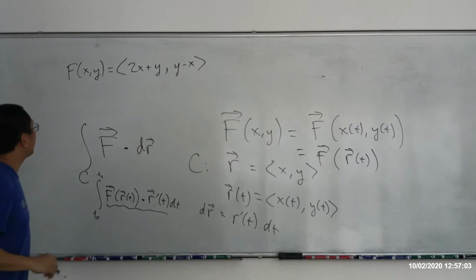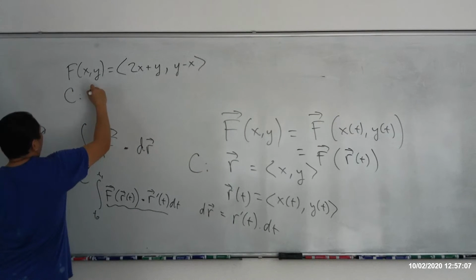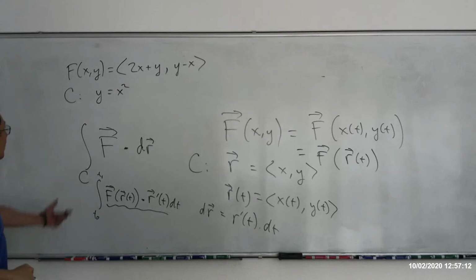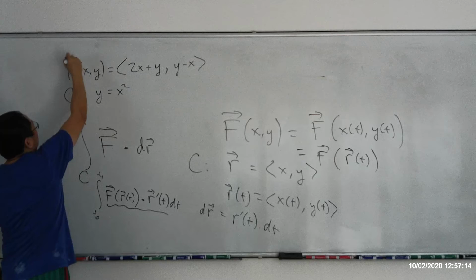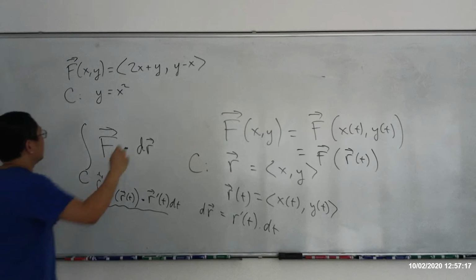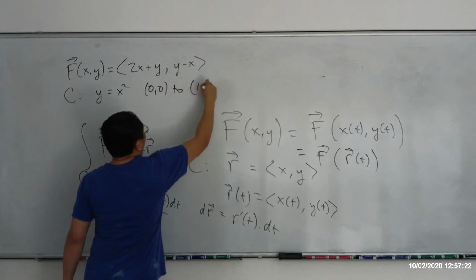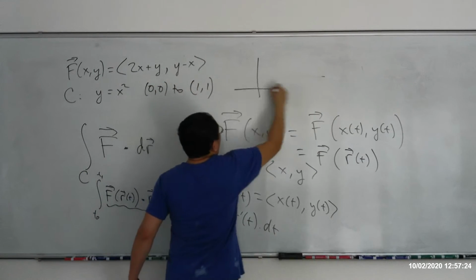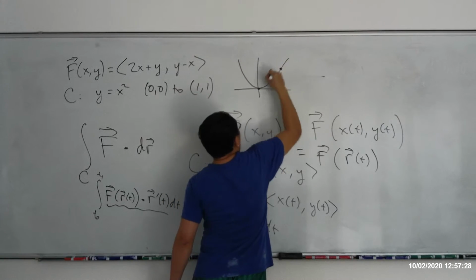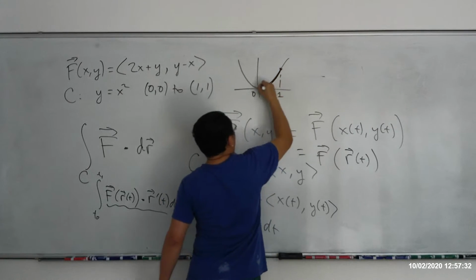And the curve C right here is y equals x squared, running from 0, 0 to 1, 1. This is 0, 0 right here, 1, 1 right here, and this is the curve C that we're talking about.